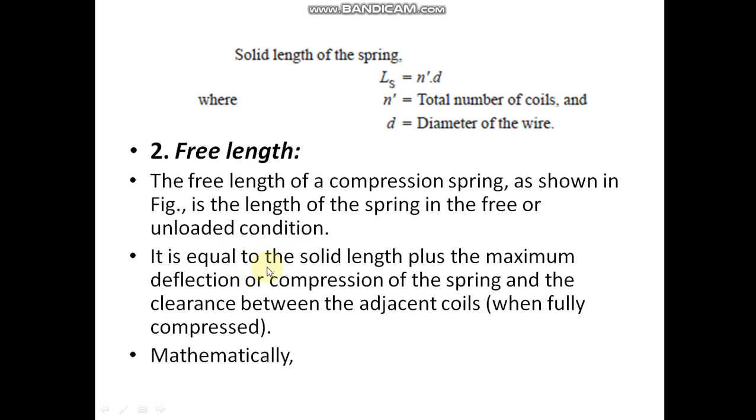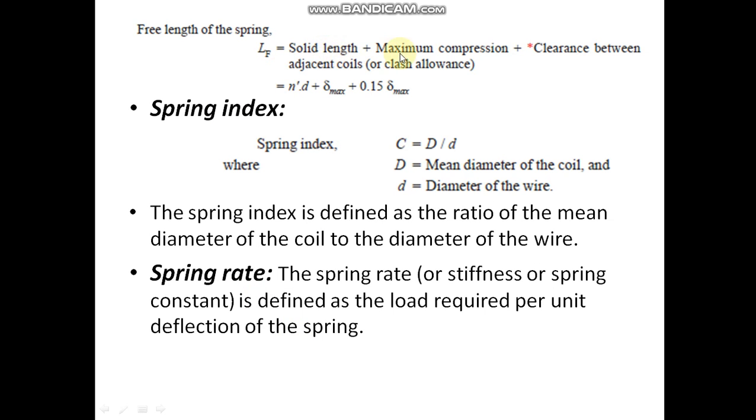It is equal to the solid length plus maximum deflection plus clearance between adjacent coils when fully compressed. So free length is n dash d plus delta max plus 0.15 times delta max, the empirical relation for the clearance.